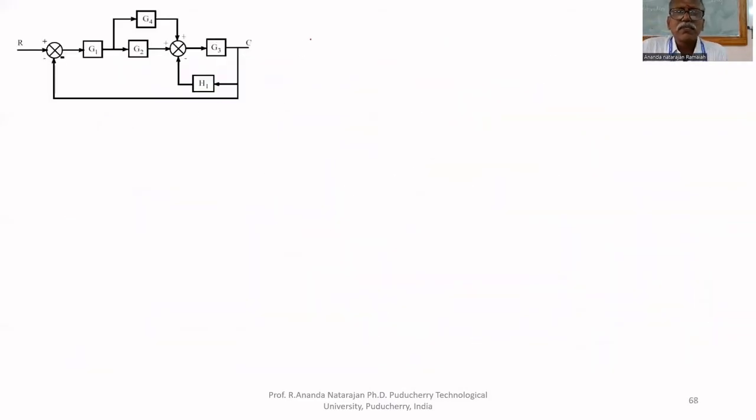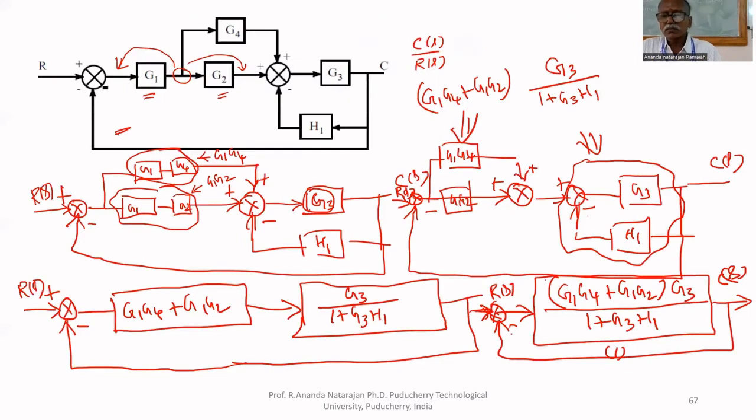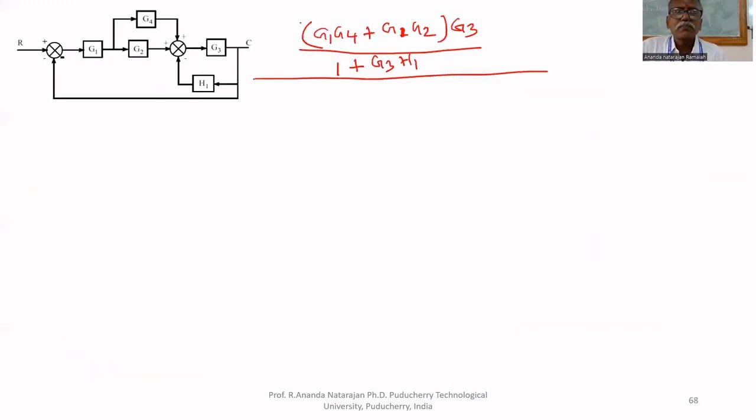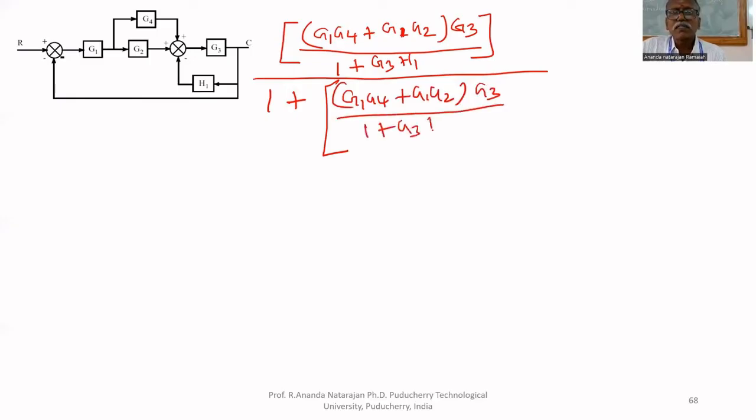If you apply seventh rule, forward path transfer function G1 G4 plus G1 G2 multiplied by G3 upon 1 plus G3 H1, whole divided by, because of this feedback path, 1 plus the entire thing we have to write: G1 G4 plus G1 G2 multiplied by G3 upon 1 plus G3 H1.